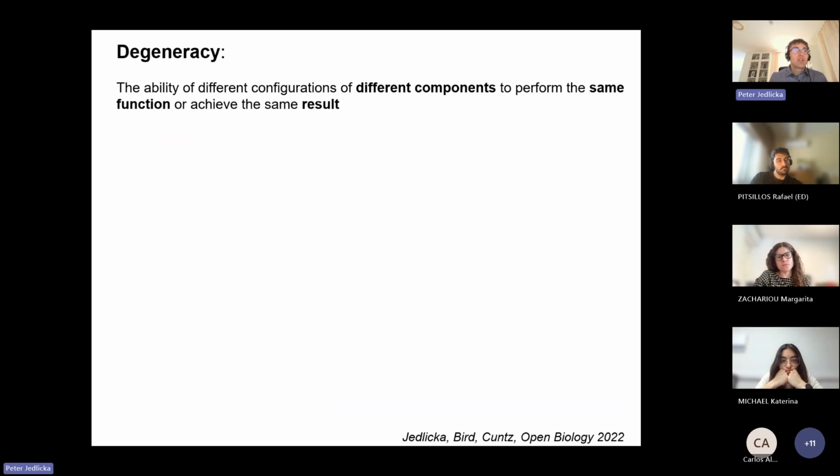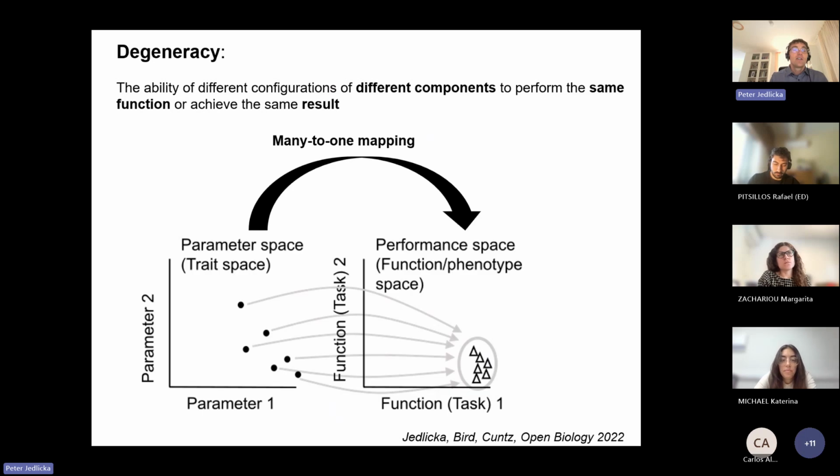So we have the definition, right? The degeneracy is the ability of different configurations of different components to perform the same function or to yield the same result. You can also see it as a many-to-one mapping between the parameter space or the trait space, so this would be, for example, ion channel space, and the performance space.